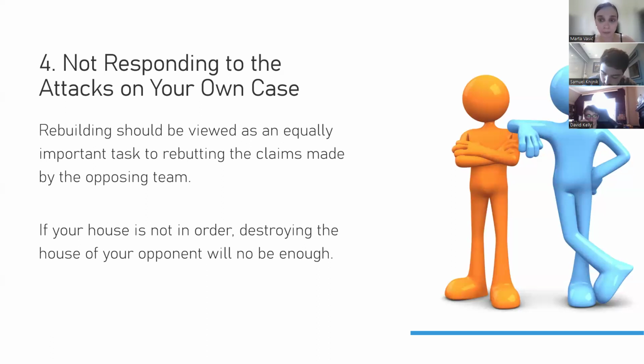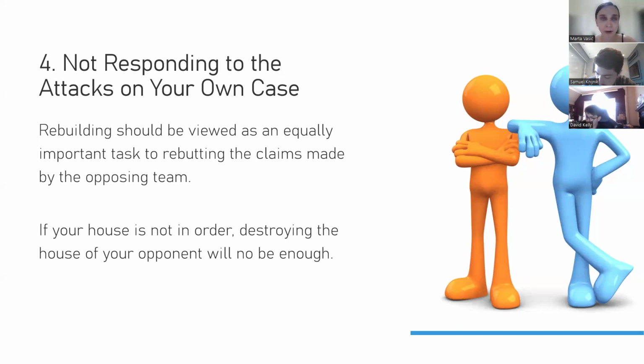And it's not very good from the perspective of a judge, because it happens so frequently that, for example, a member of government gives a speech, and then a member of opposition does significant rebuttal to that argument. Then a government whip goes up, and he gives such a wonderful response to the member of opposition, but he does not mention at all the attacks which happened to their case, right?